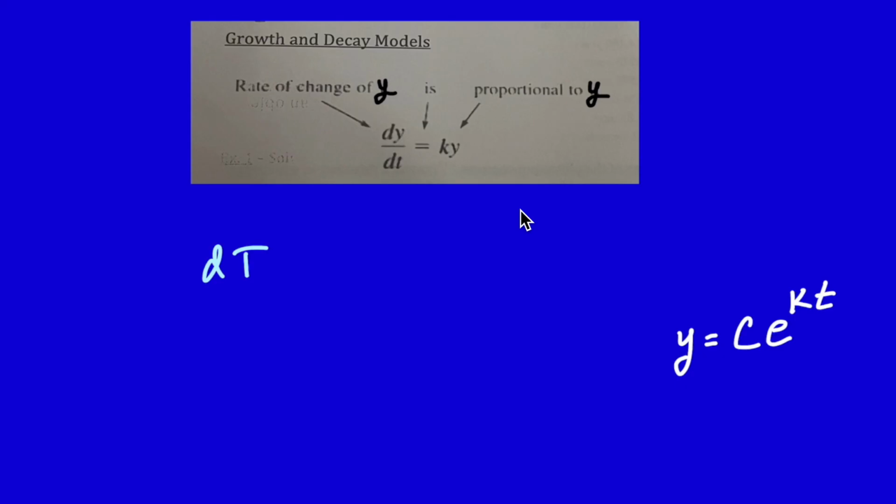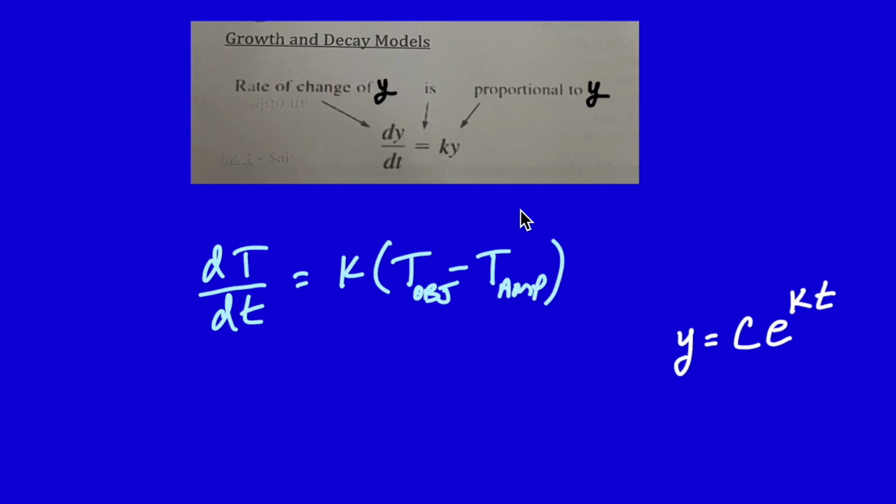The change in temperature with respect to time is going to equal k times the temperature of the object minus the ambient temperature. So it's not quite as simple, and therefore the formula will be different. So I want to show you how to get from the standard situation to this formula.